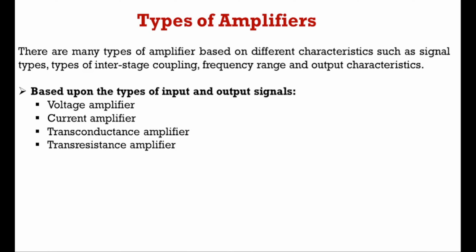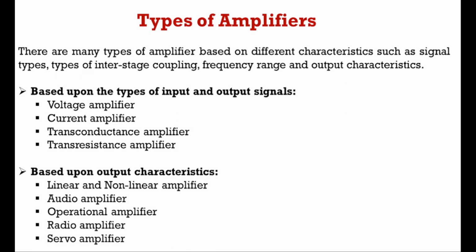The voltage amplifier gives an output voltage signal in response to the input voltage signal. Similarly, the current amplifier provides an output current signal in response to the input current signal. The transconductance amplifier gives the output current in response to the input voltage, and the transresistance amplifier gives the output voltage in response to the input current signal.